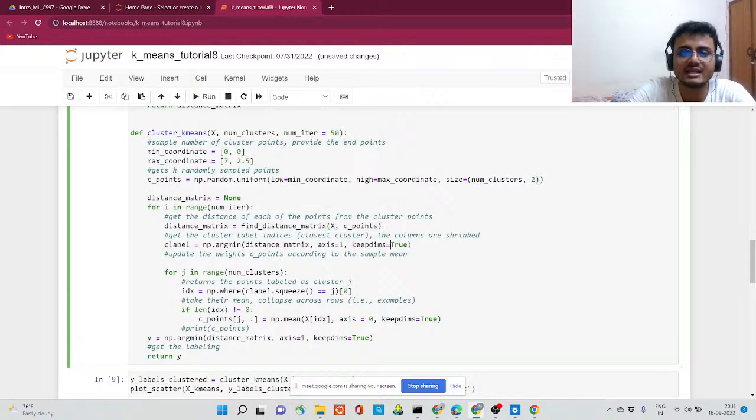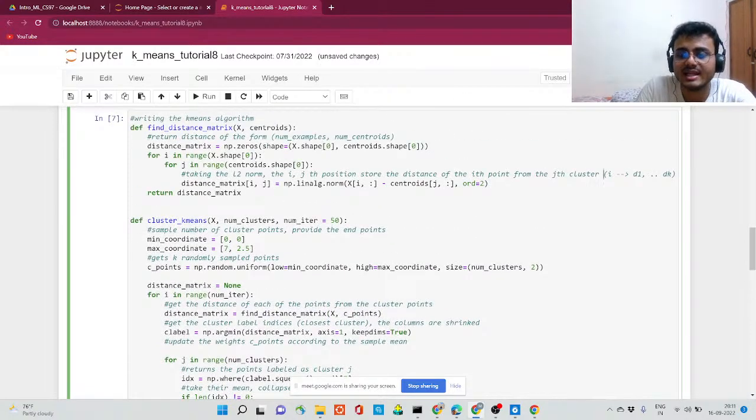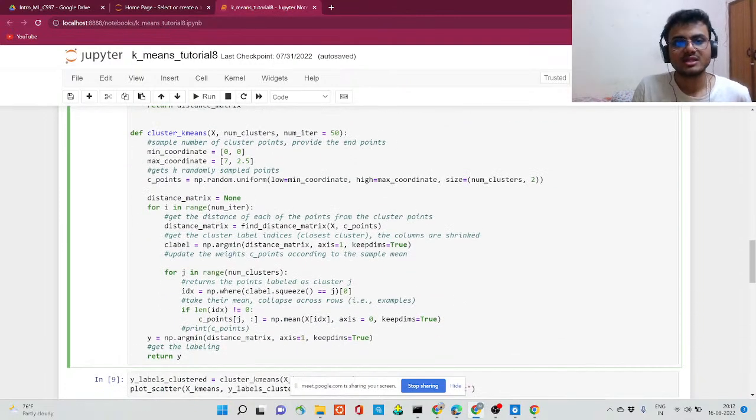And the label, how will I get it? I'll get it by the arg min of the distances in the row. Is this part clear? So I'm taking the arg min of all the numbers in the row, and that gives me the position, that is the cluster along which the distance is the minimum. That's what I did here.